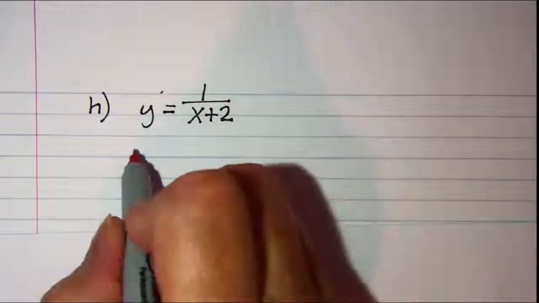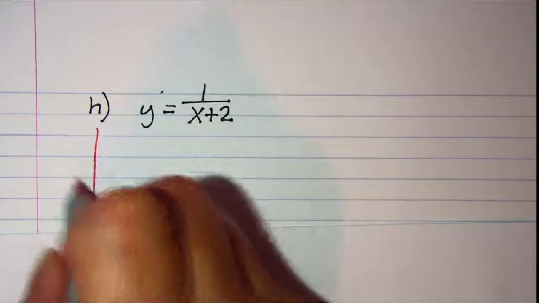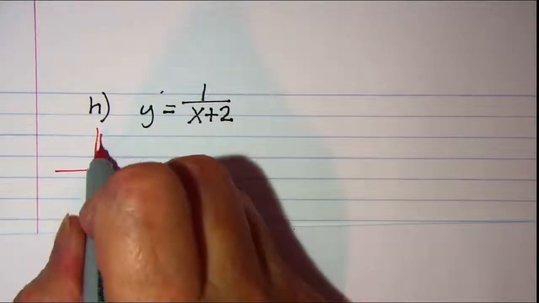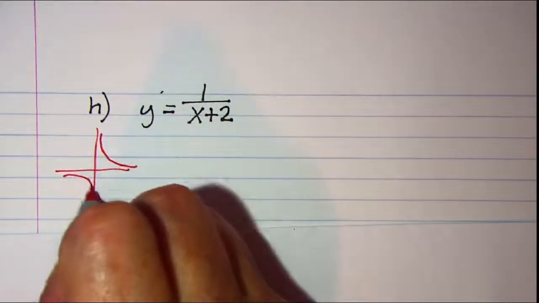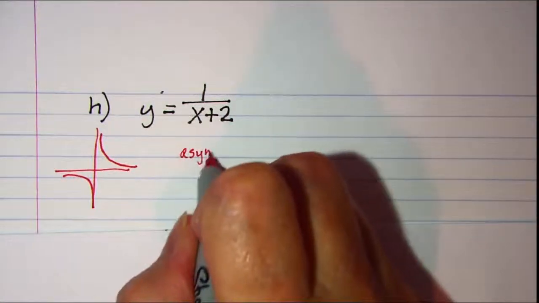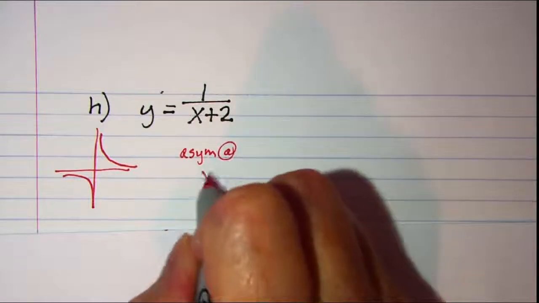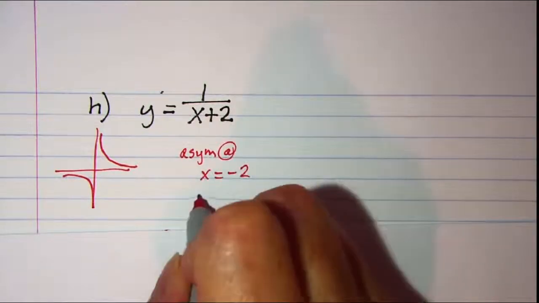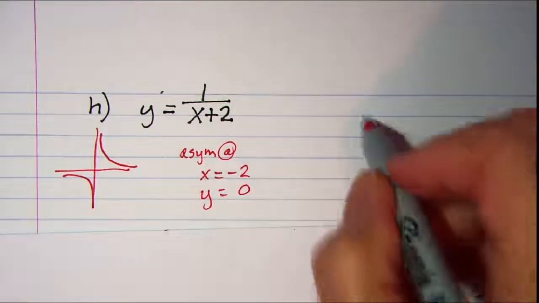This one, it's the 1 over x basic graph, so it looks like this. And it has asymptotes at x equals -2 and y equals 0.